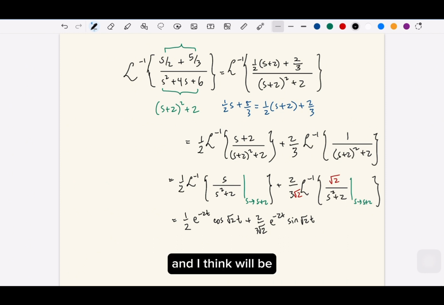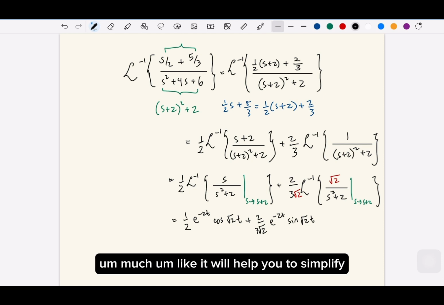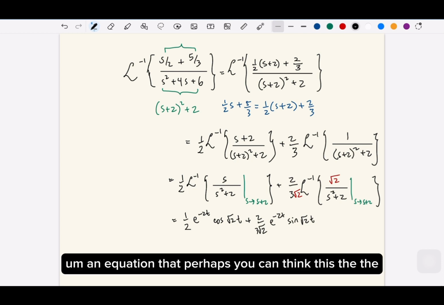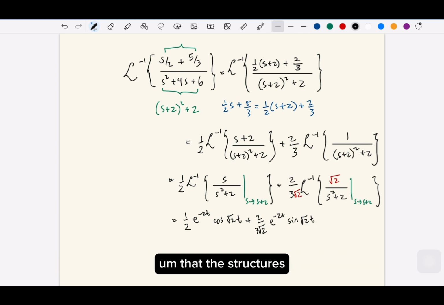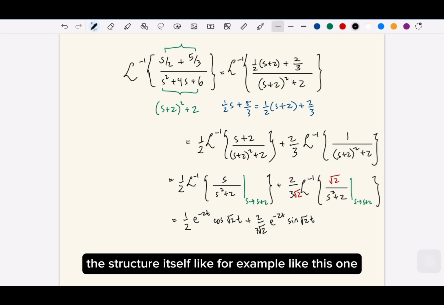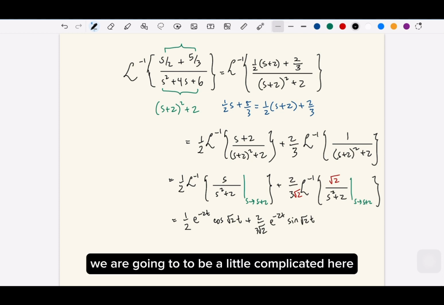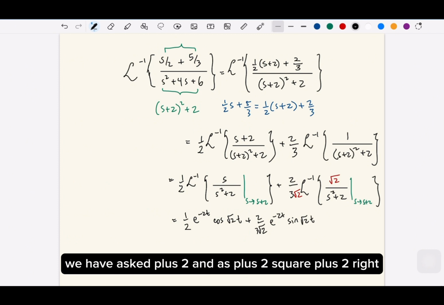And I think it will help you to simplify an equation. For example, like this one, if we don't know how to use the translation, it is going to be a little bit complicated here. We have s plus 2 and then s plus 2 squared plus 2, right?